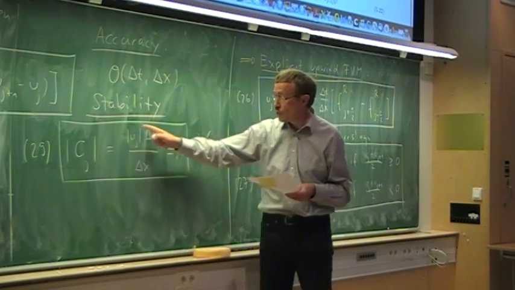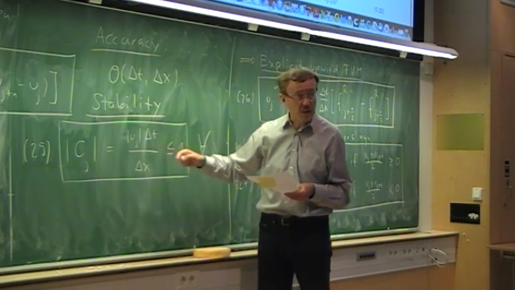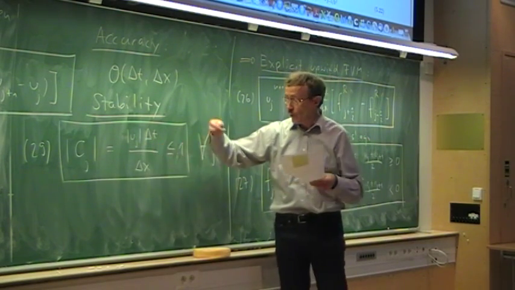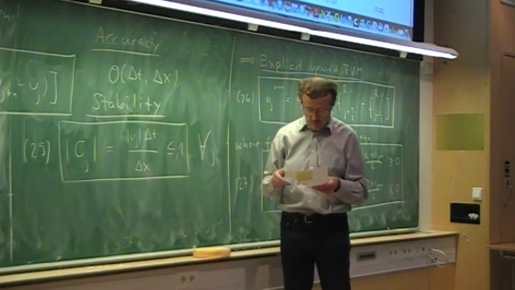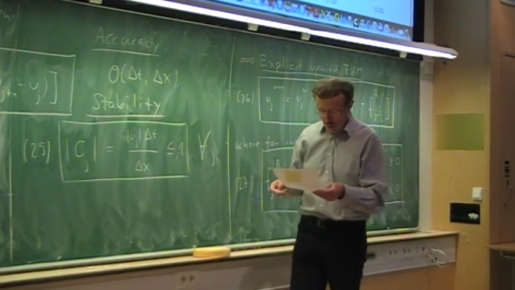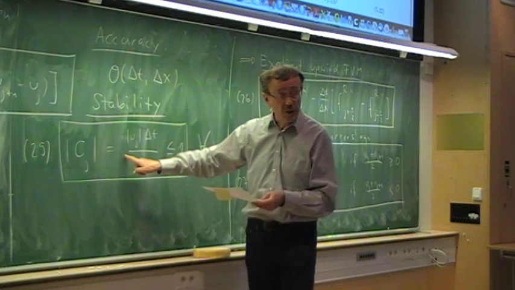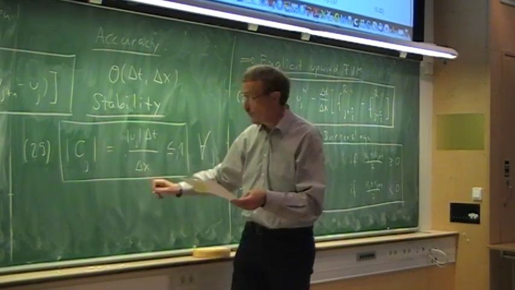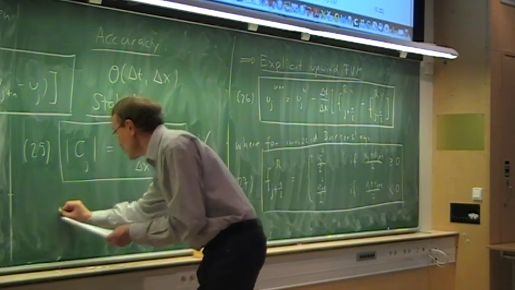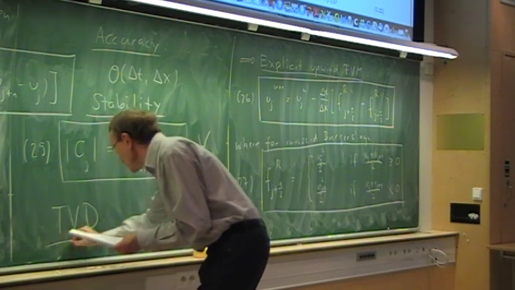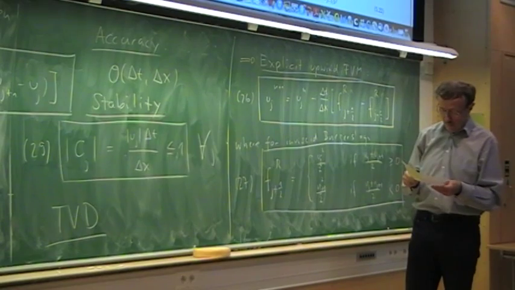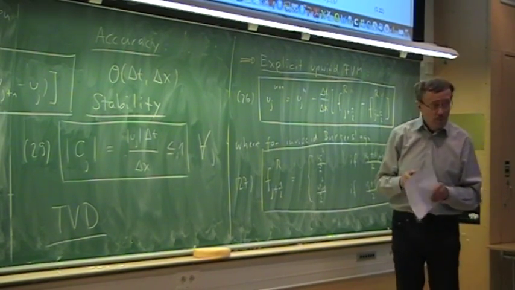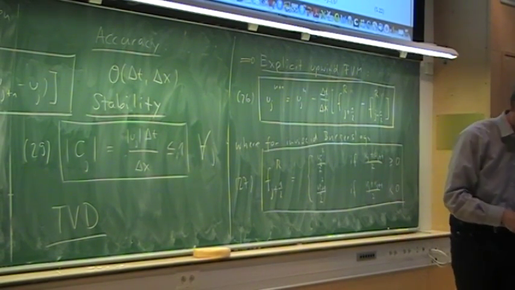So we have to choose this as the maximum of all moduli in the problem to get the time step. And it turns out that the method with this condition is also TVD, total variation diminishing, when this condition is satisfied. And that is also a nice property.